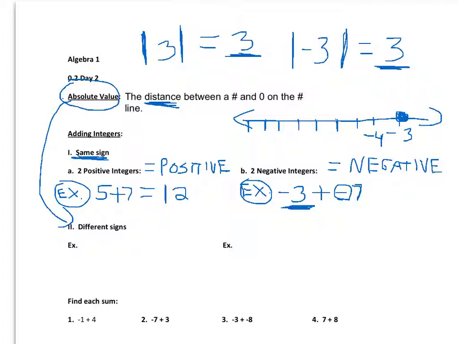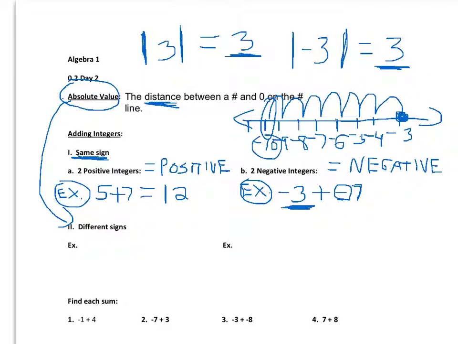So from here, I go 7 units to the left: 1, 2, 3, 4, 5, 6, 7. Counting this, negative 5, negative 6, negative 7, negative 8, negative 9, negative 10. That's where I end up. Since I went to the left 7, I subtracted 7 from negative 3. So this is my answer, negative 10.